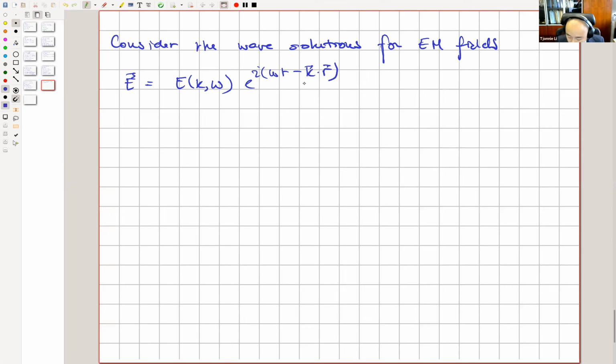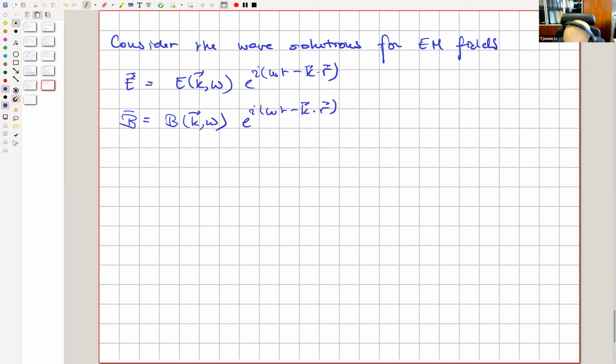Again, now we do it in full three dimensions. And similarly, B(ω) e^{i(ωt − k·r)}.